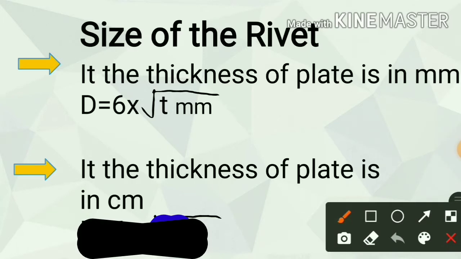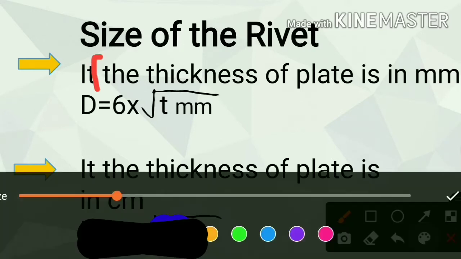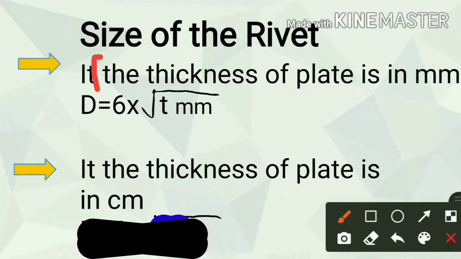Size of the rivet. If the thickness of the plate is in mm, then D is equal to 6 times the square root of T mm.